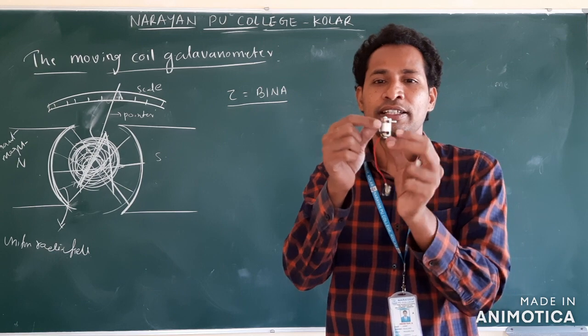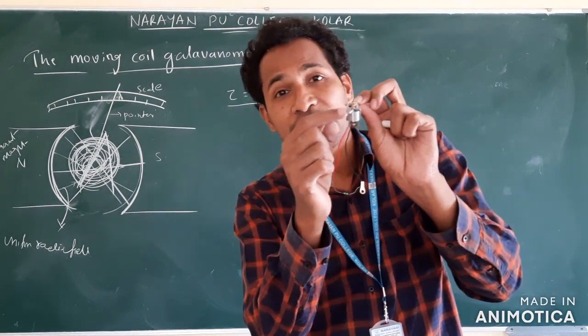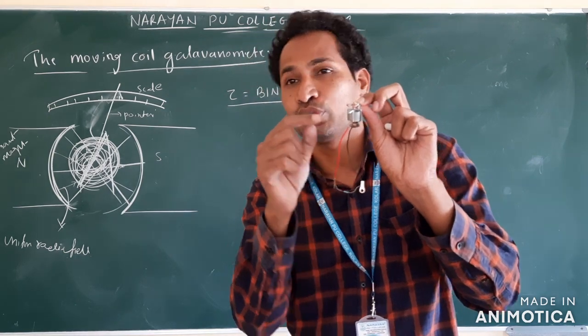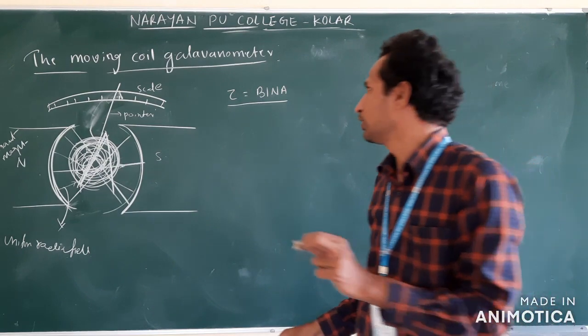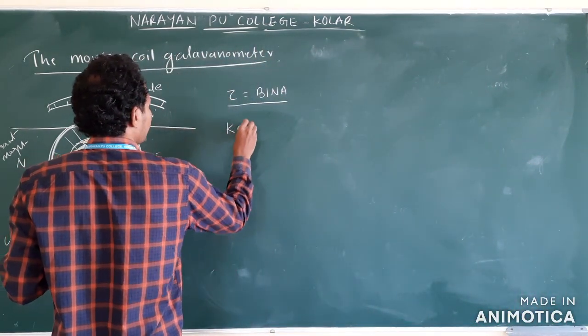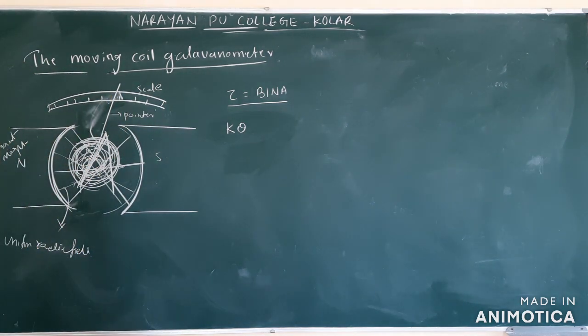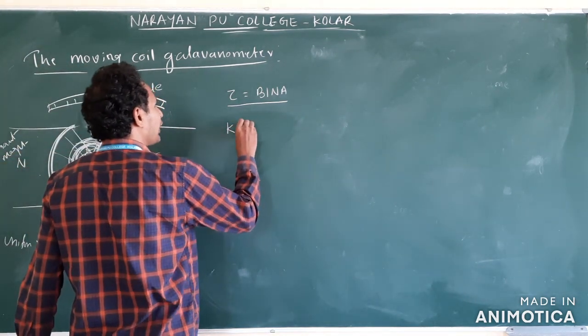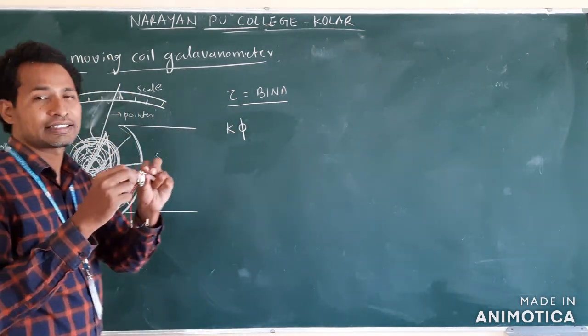What does it mean? In this coil, a counter torque develops due to the torsion thread. So we write this as K theta, or phi, the restoring torque. Phi is the deflection that we see on the scale.